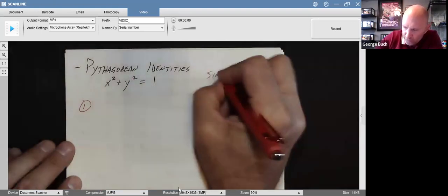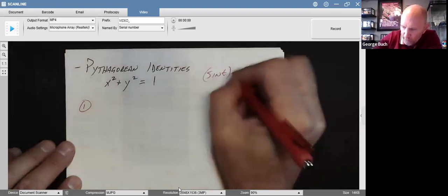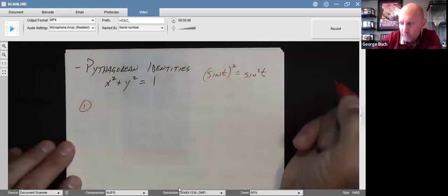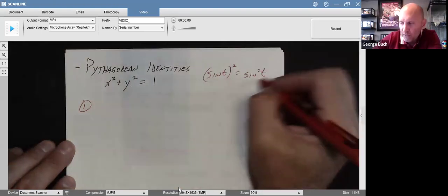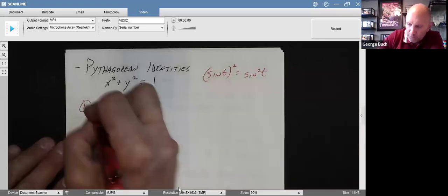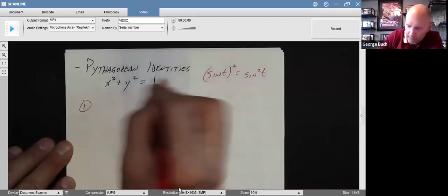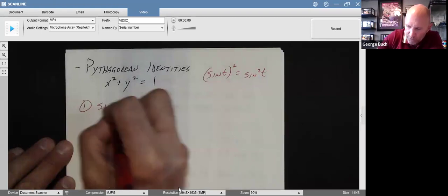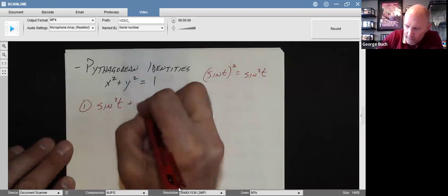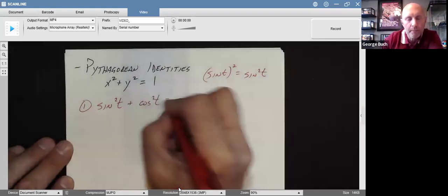So sine of t squared, we just write it as sine squared of t. So when we see this notation, this means take the value of sine and square it. And so our first Pythagorean identity is sine squared of t, which is the y, plus cosine squared of t is 1.